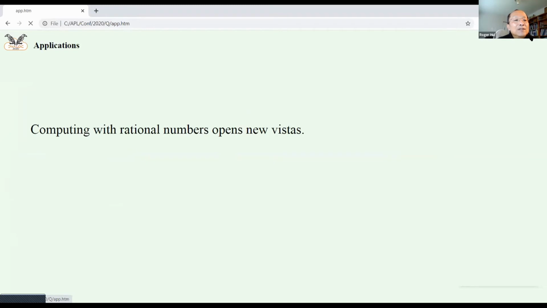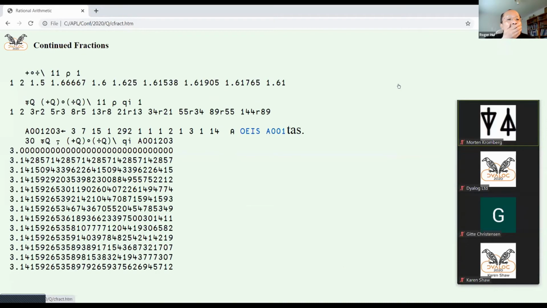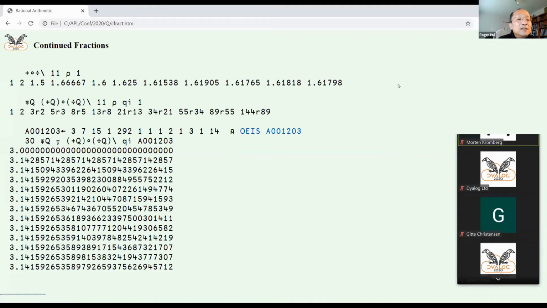So, some examples of using rational arithmetic. First one is continued fractions. To work with continued fractions, plus composed with reciprocal is an essential function.